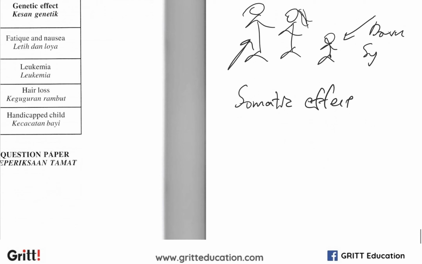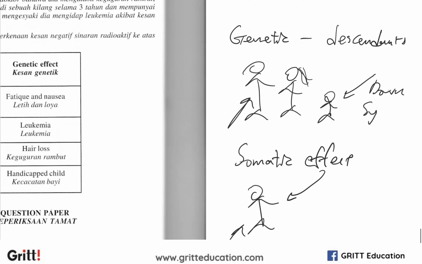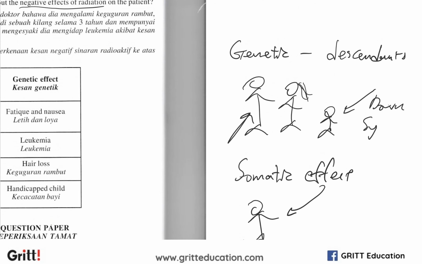So if we refer to the same person, the father, if he's exposed to radiation, he might experience things like hair loss, fatigue, nausea, all these things. So basically, somatic effect is directly linked to the person exposed, whereas genetic effect is only linked to the descendants of the person exposed. Remember that.